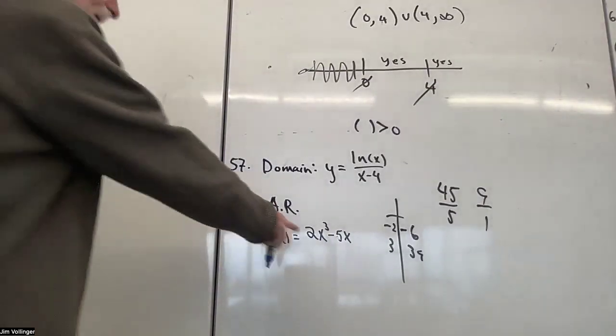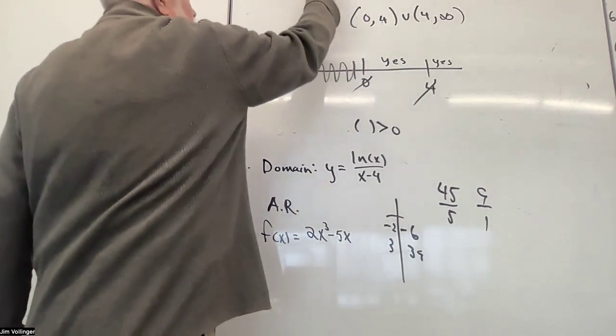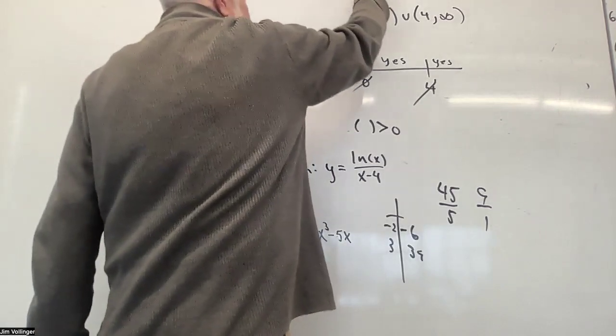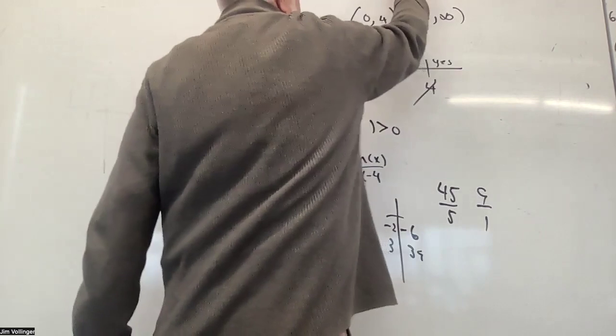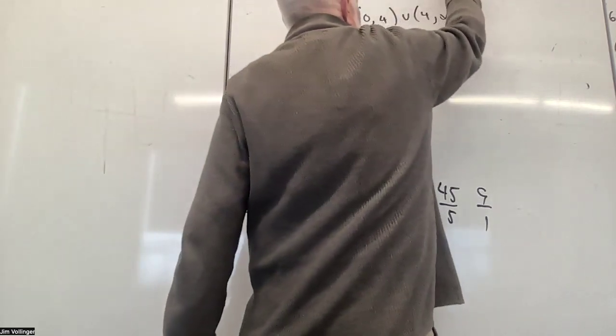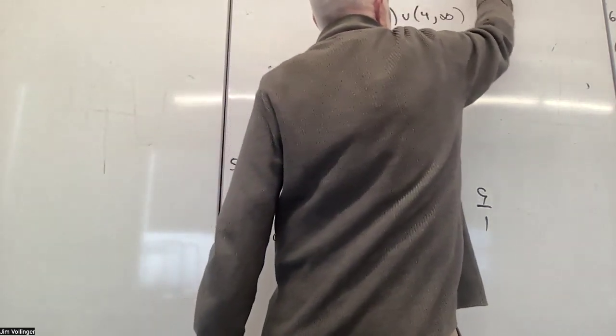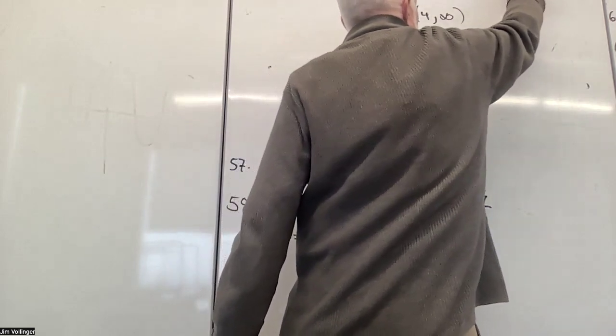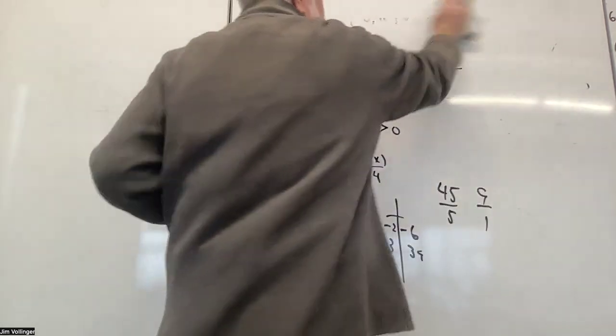So let's graph this because it's in graphing form. 2x cubed minus 5x is the same thing as 2 times (x minus 0) cubed minus 5 times (x minus 0) plus 0. And that's the graphing form for a cubic.